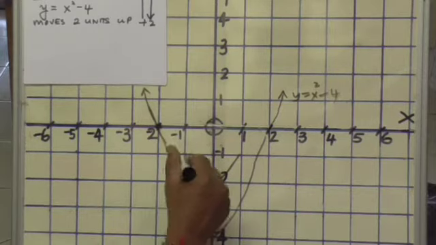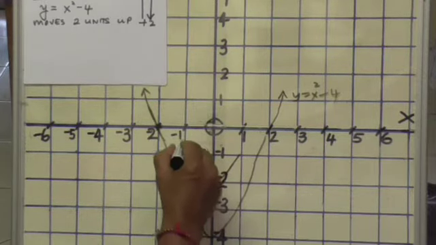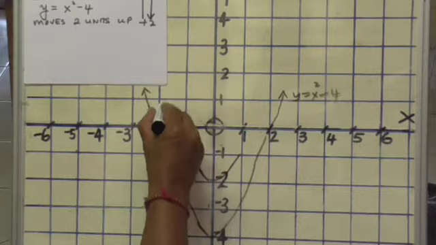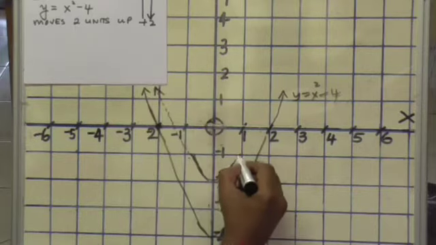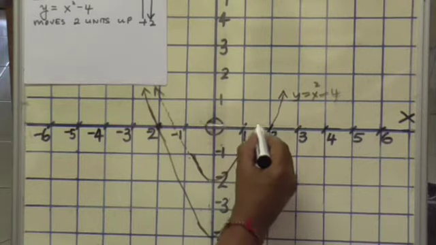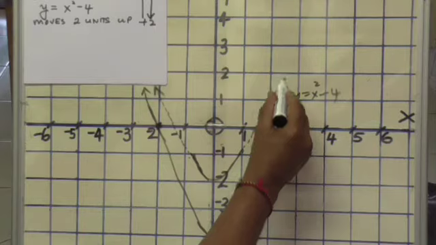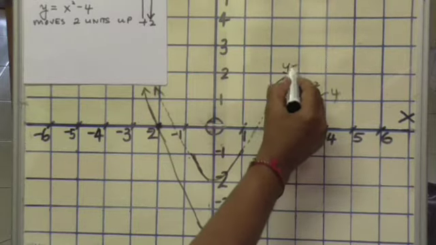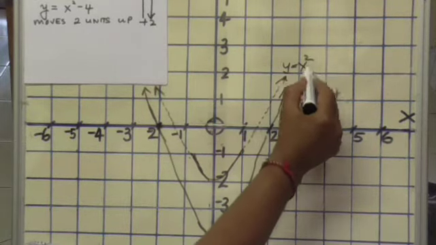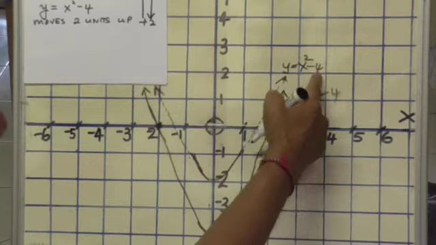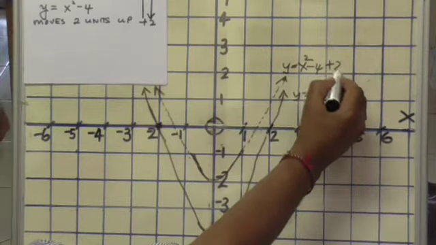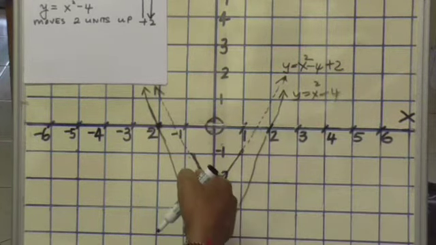Then obviously there will be a new x-intercept and there will be another new x-intercept there. So that's your new graph. Y is equal to x squared minus 4 was your old graph plus 2 because it moved up.